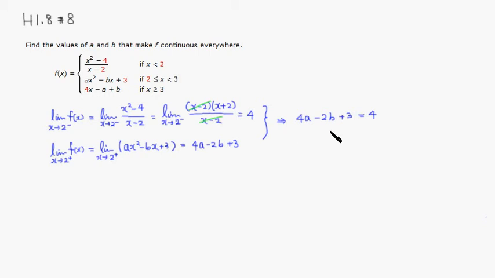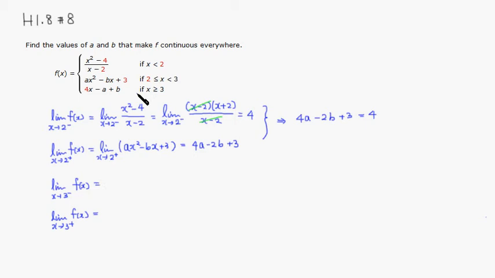All right, so we got one equation involving a and b, and now we look at x equals 3. We take the limit as x approaches 3 from the left, and the limit of f of x as x approaches 3 from the right.